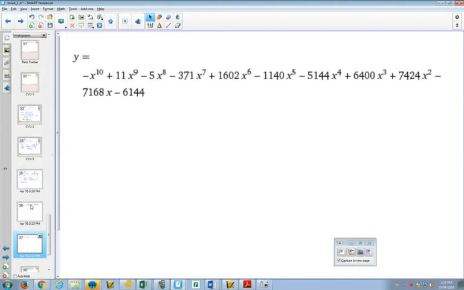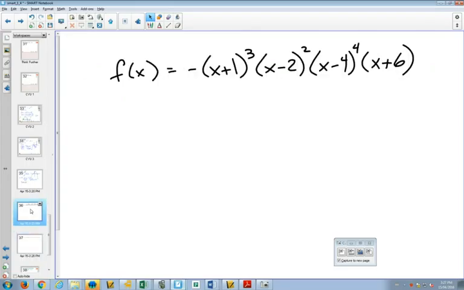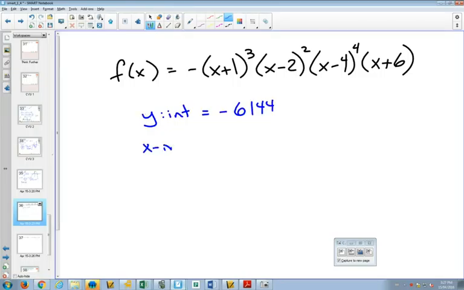So let's go back to the factored form. Someone figured out the y-intercept already? Negative 6,144. Perfect. Your x-intercepts: negative 1, 2, 4, and negative 6.